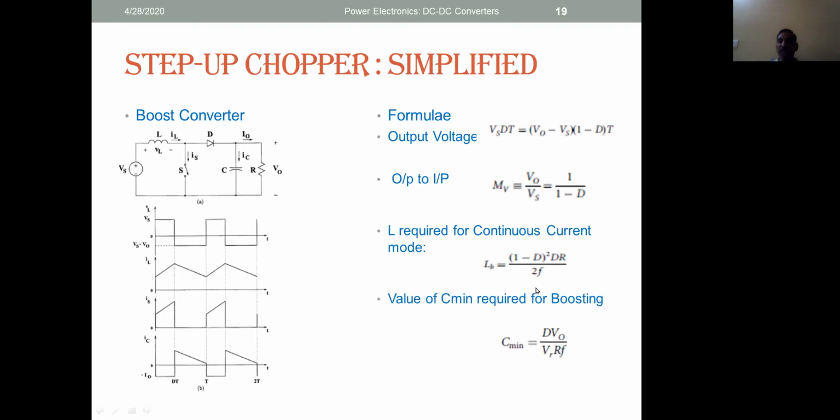And the minimum value of C required is duty cycle D into V0, the output voltage, divided by V into R into the switching frequency. These are important formulas for a step-up chopper or a boost converter, which operates in the second quadrant.